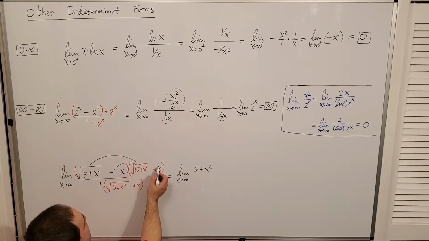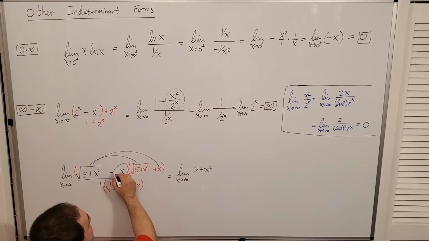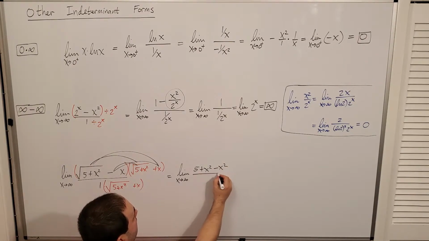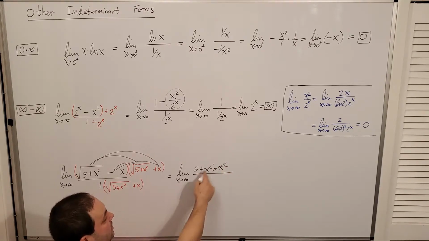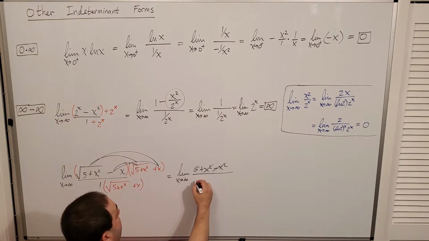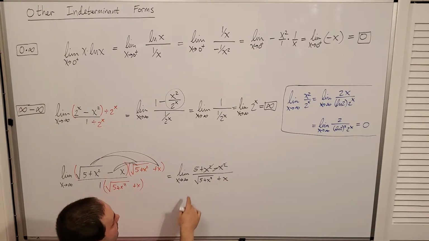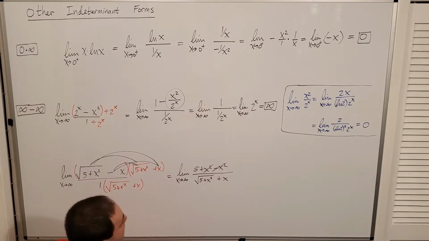This multiplication and this multiplication add out to 0. That's the whole point of doing the conjugate. And then negative x times positive x gives me minus x squared, which I hope you're seeing right away. X squared minus x squared is going to give me a 0. So I'm just left with 5 in the numerator. And my denominator is times 1, so it's the square root of 5 plus x squared plus x. So I have 5 over this is all I've got.